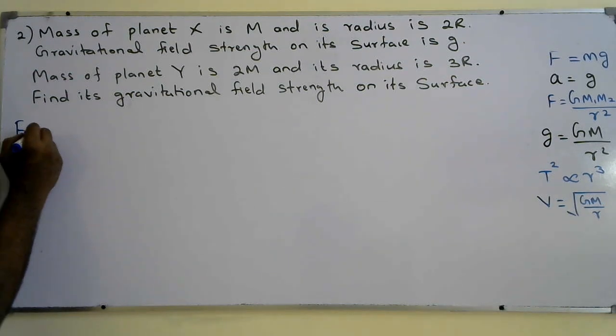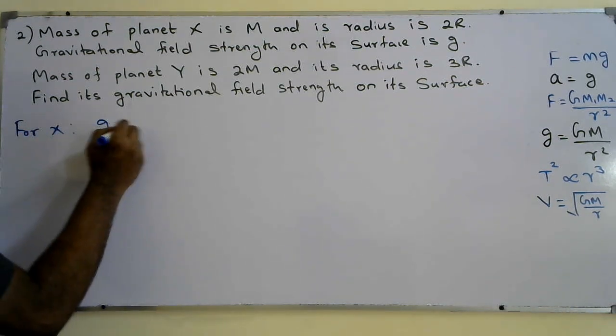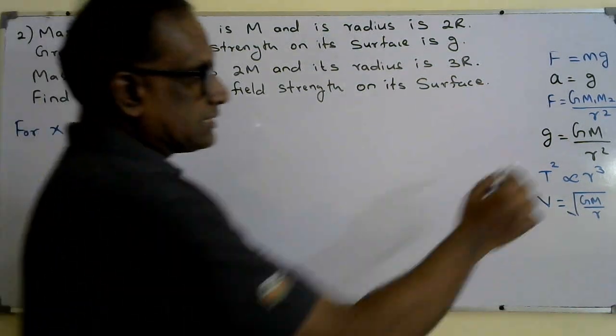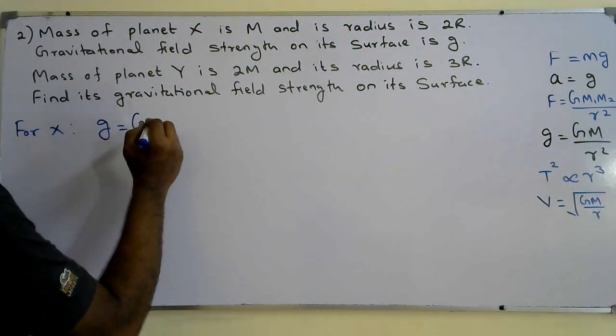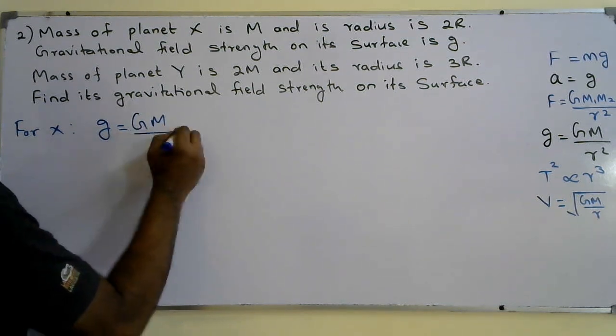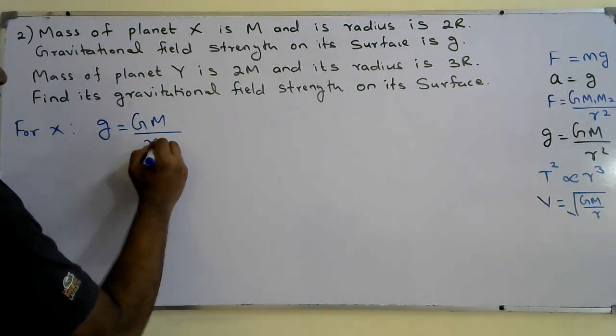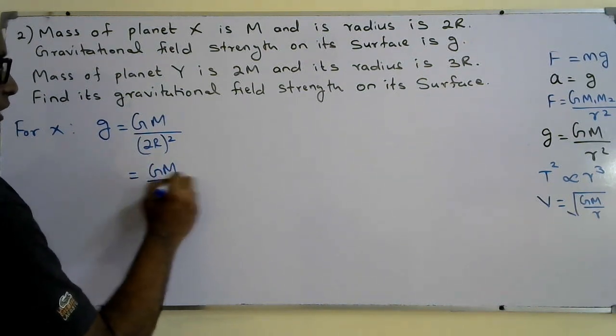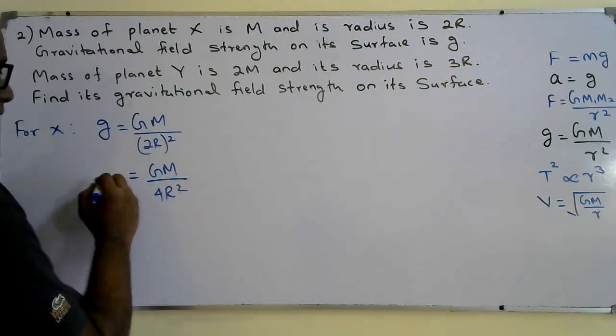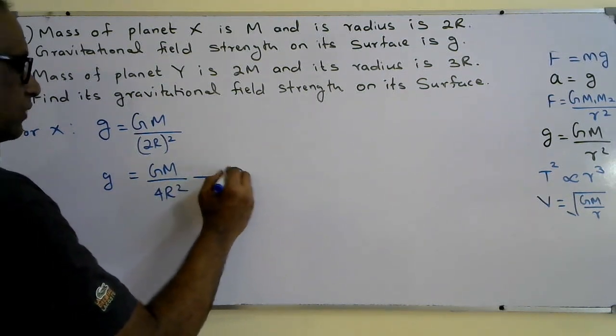Okay, so for X we can write g equals GM over r squared. I'm going to use this equation. So g equals G, the mass is m, over r squared, that is (2r) all squared. So that will be GM over 4r squared.